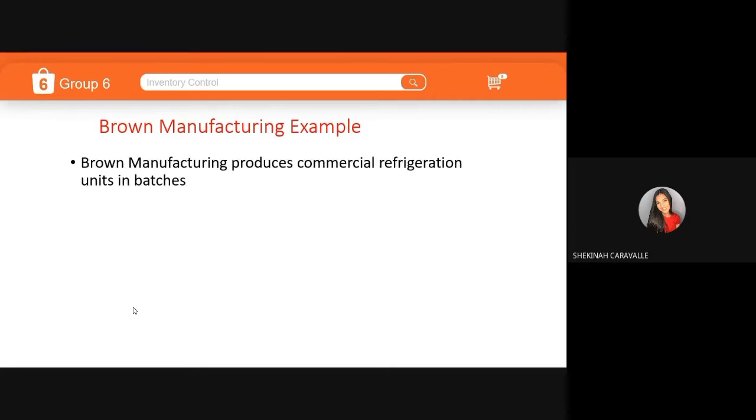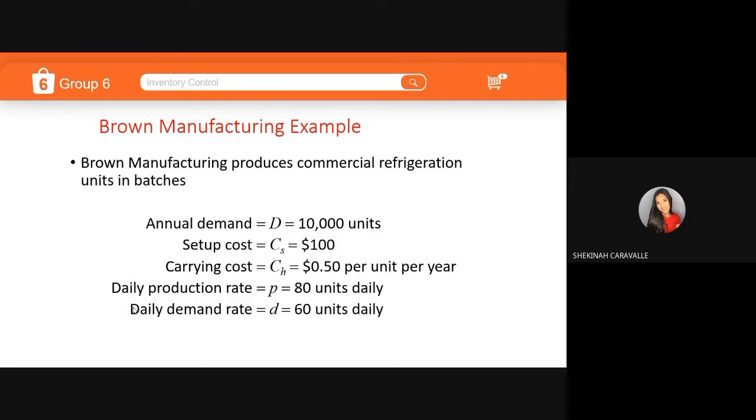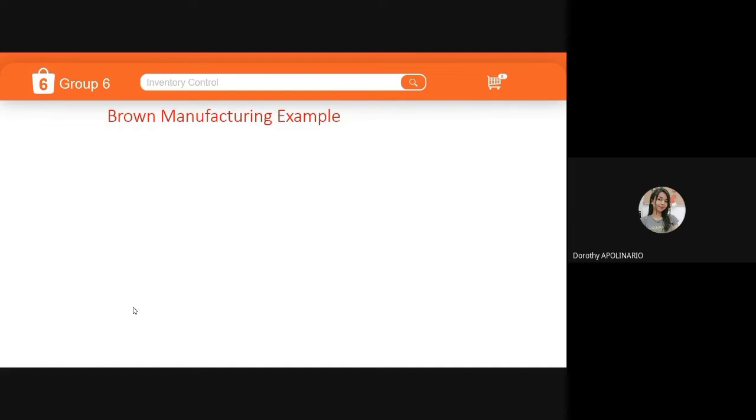Let us use the Brown Manufacturing example. Brown Manufacturing produces commercial refrigeration units in batches, and these are the givens. Its annual demand is 10,000 units, setup cost is $100, carrying cost is $50 per unit per year, and daily production rate is 80 units daily, and its daily demand rate, which is small letter d, is 60 units daily.